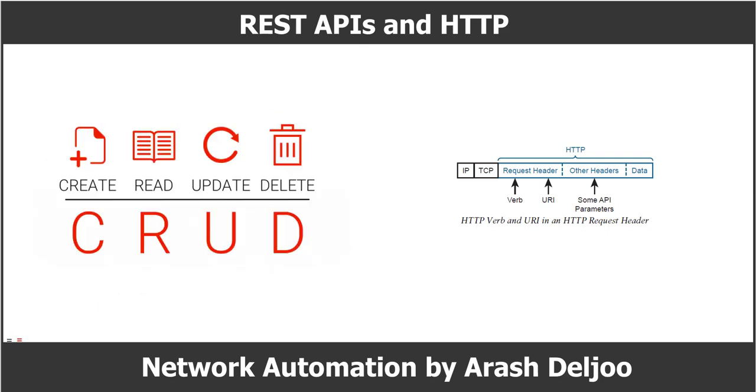Now let me explain about the software CRUD actions. It is a famous name in the industry of application or programming. The software industry uses a memorable acronym, CRUD, for the four primary actions performed by an application. Those actions are create, read, update, and delete.